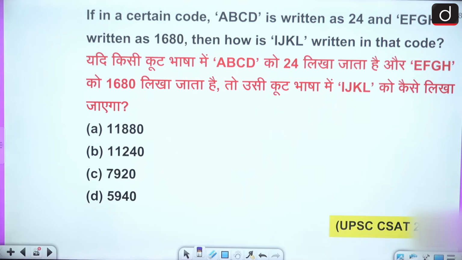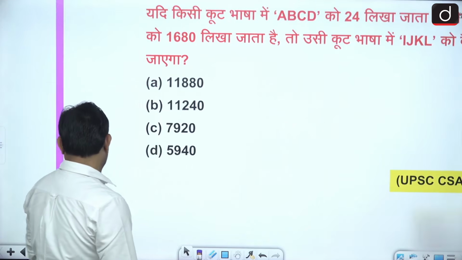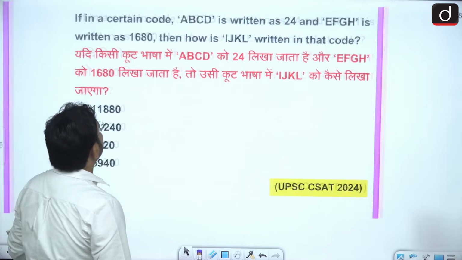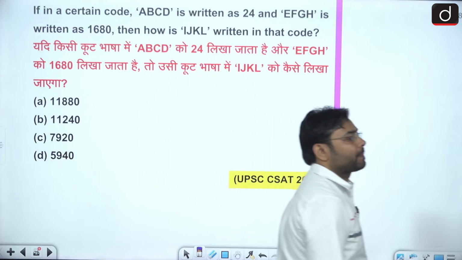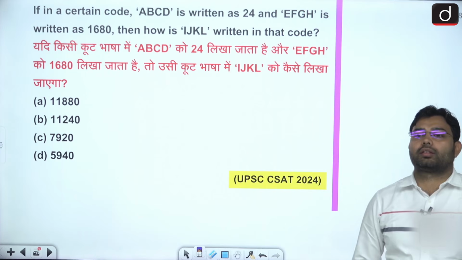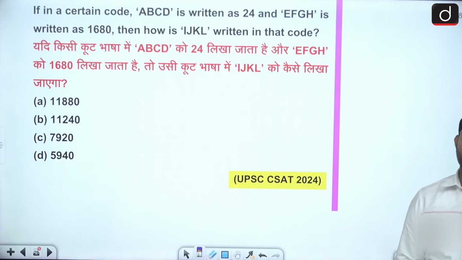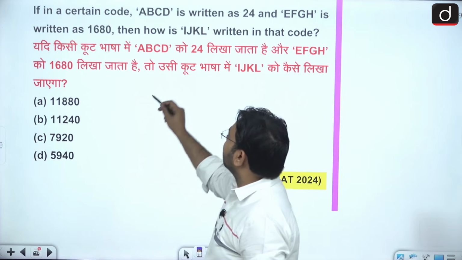This is from 2024. Try to solve this one. ABCD is written as 24.